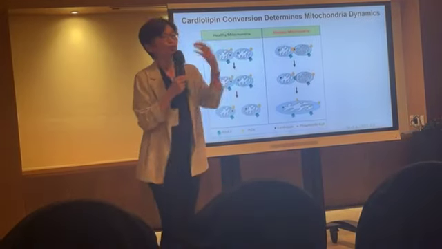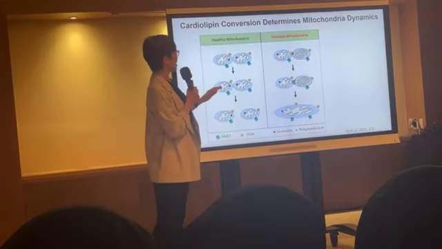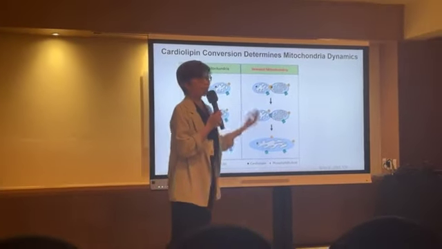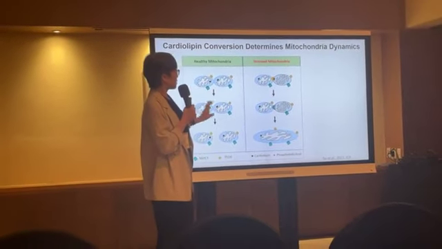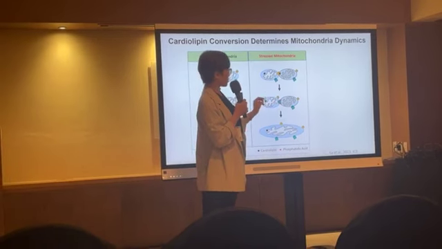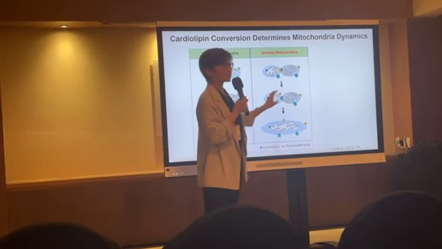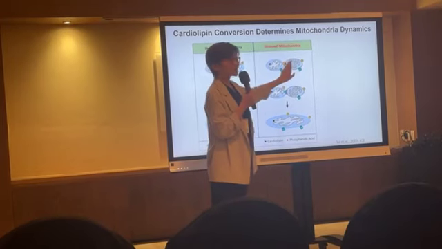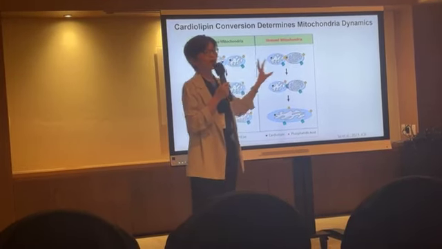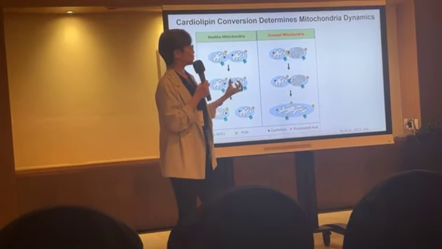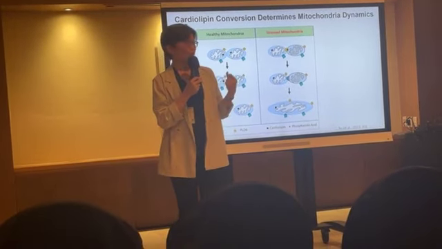So overall, what we want to convince you is that when mitochondria are under stress, especially when the nutrient is not enough, the cardiolipin will be increased and also converted into mitochondrial phosphatidic acid. When there is available mitochondrial contact that triggers the conversion of cardiolipin into phosphatidic acid, it will promote the selective fusion between stressed mitochondria.